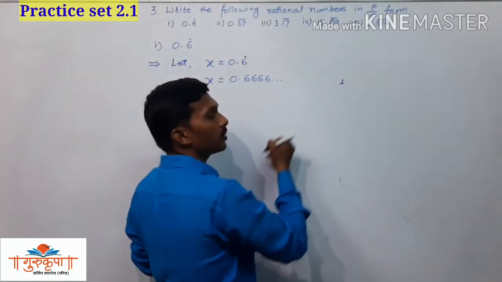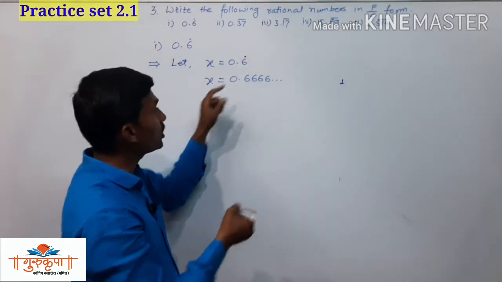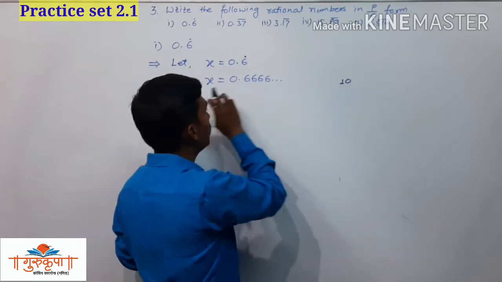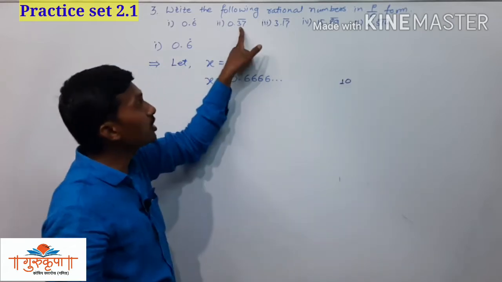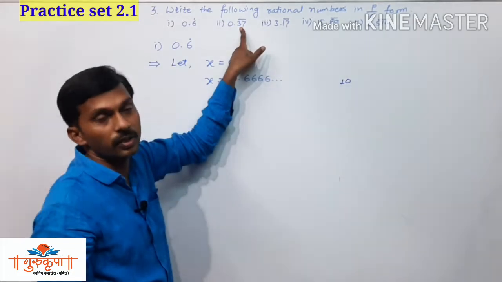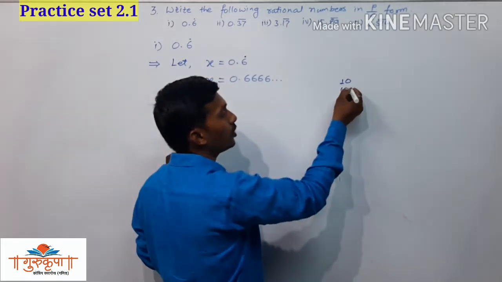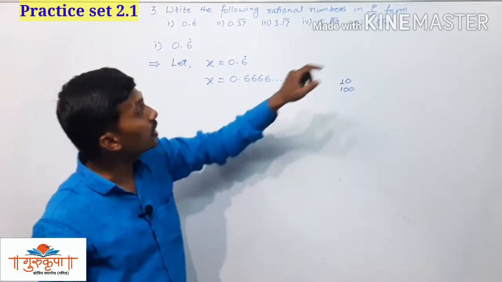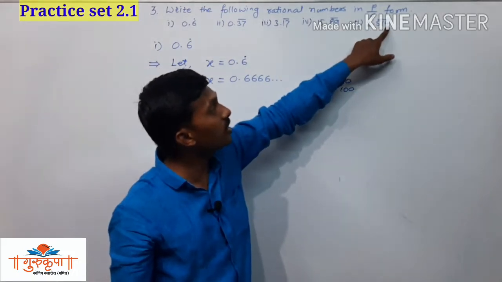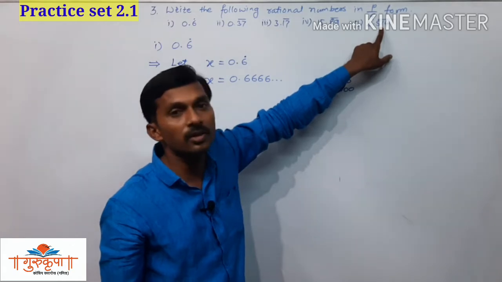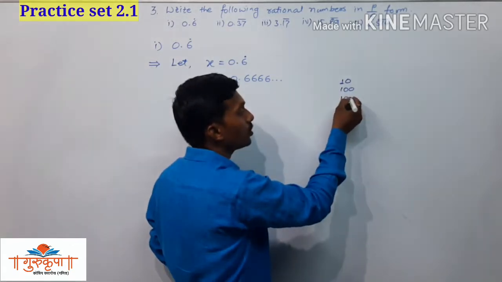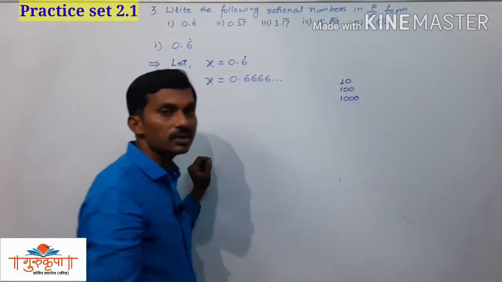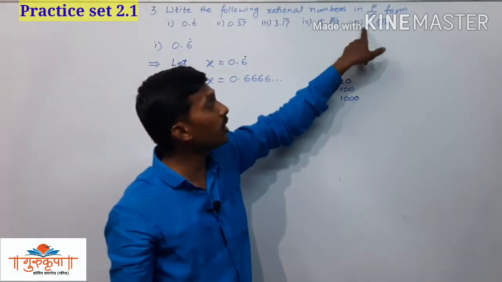Here single digit is recurred, so we multiply both the sides by 10. In this example 2 digits get recurred, so we multiply both the sides by putting 2 zeros after 1, that is 100. If 3 digits get recurred, we put 3 zeros after the 1 and multiply both the sides.